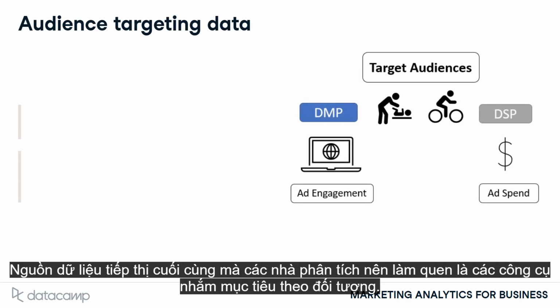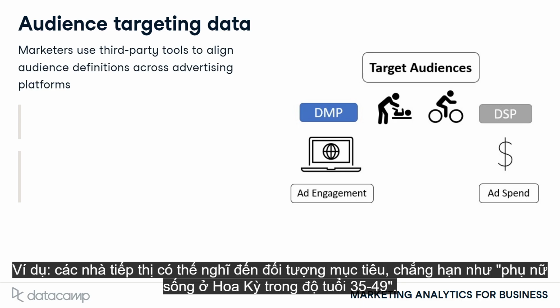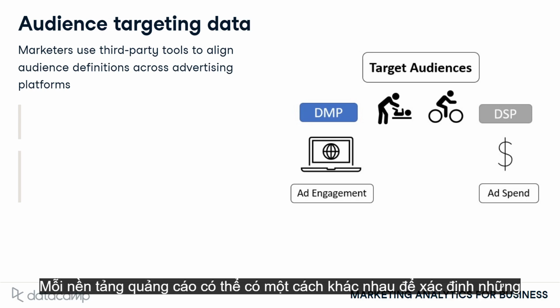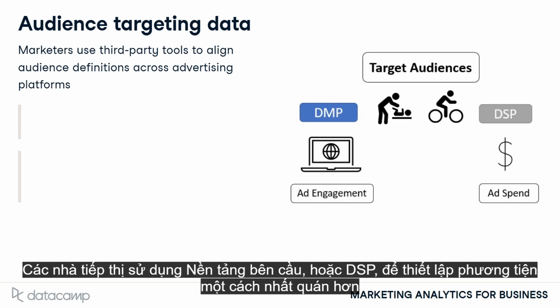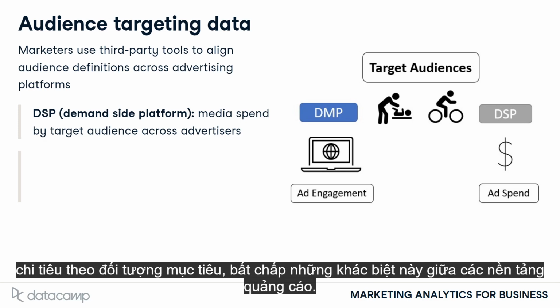The final marketing data source that analysts should become familiar with is audience targeting tools. For example, marketers may have a target audience in mind, like women who live in the US ages 35 to 49. Each advertising platform may have a different way of identifying these audiences, like females versus women, or US versus United States. Marketers use demand-side platforms, or DSPs, to more consistently set media spend by target audience despite these differences between advertising platforms.